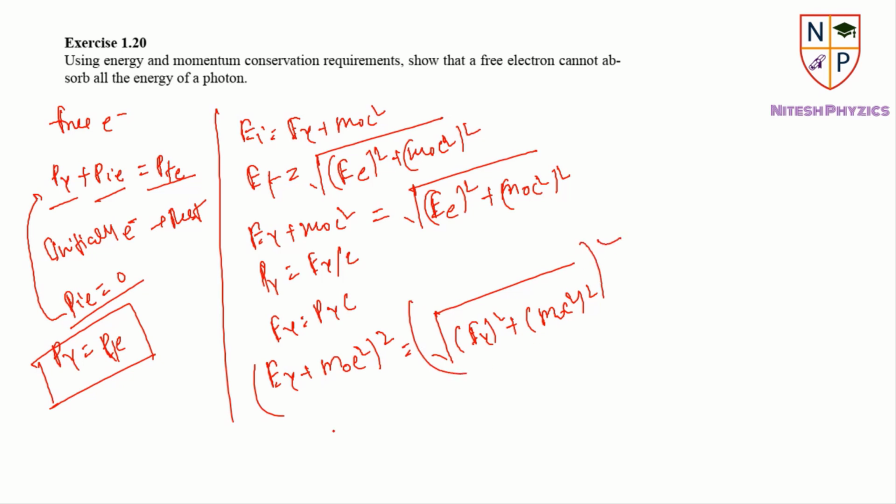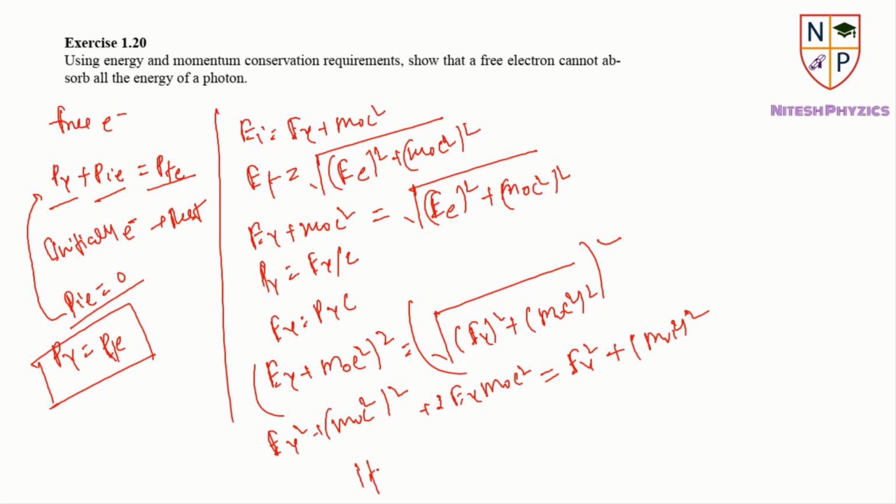Now after solving we will get E gamma square plus m naught c square to the power 2 plus 2 E gamma m naught c square is equal to E gamma to the power 2 plus m naught c square to the power 2.